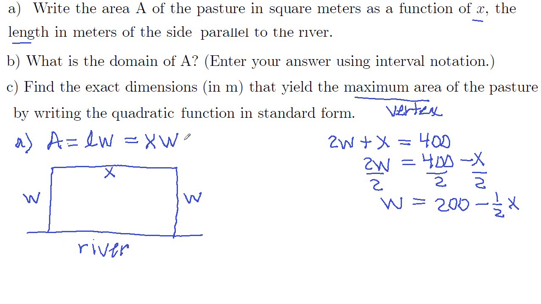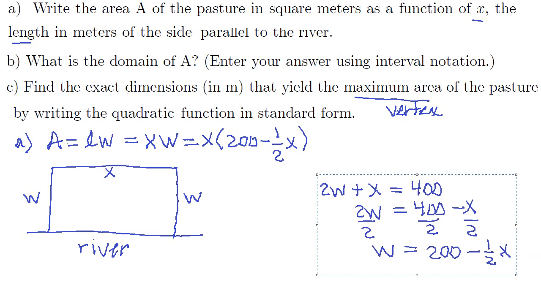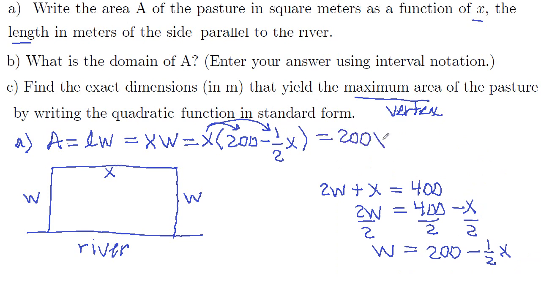So now we can go ahead and plug in for w. So this would be x times 200 minus 1/2 x. And then we can simplify that a little bit if we want to by multiplying the x in. So this would be 200x minus 1/2 x squared. So there's our equation in terms of x.